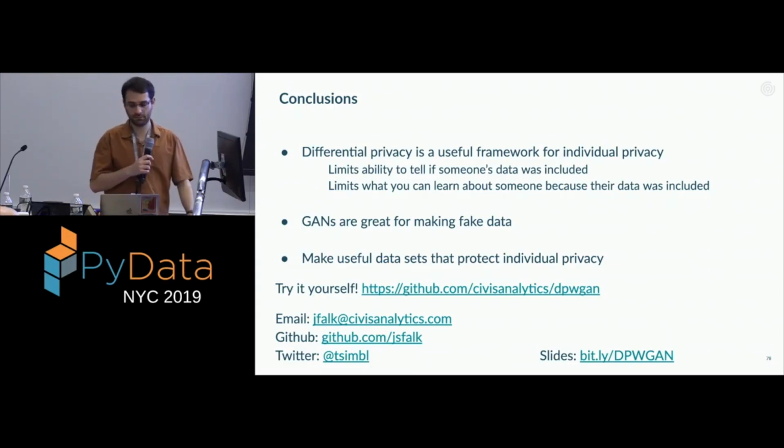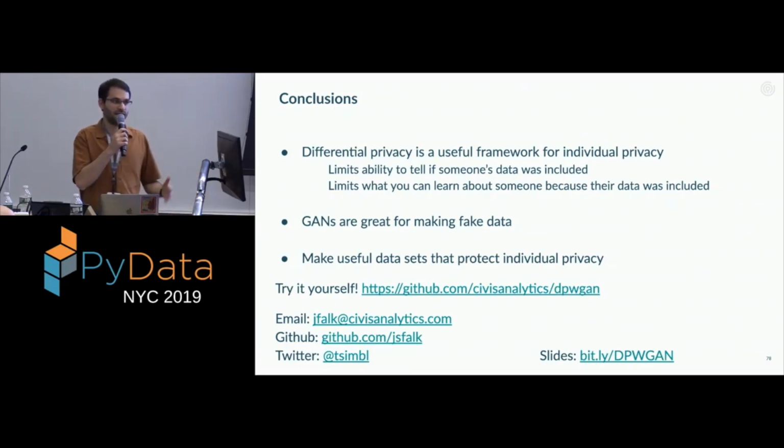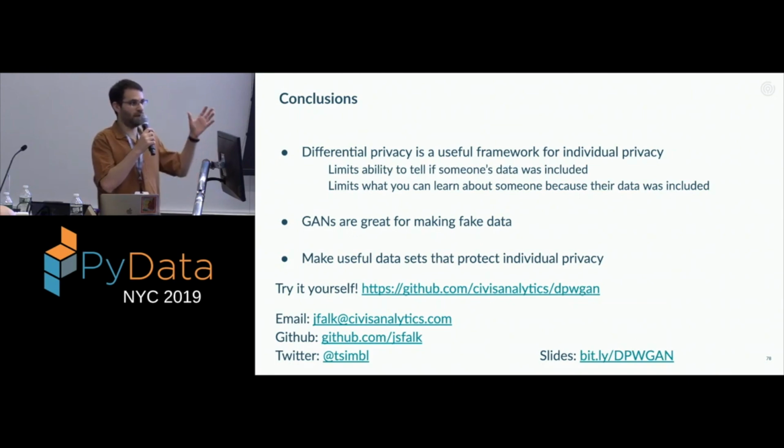Have you tried other neural networks, like variational? No, in this case I've just tried this particular architecture. I fiddled with it a little bit, but in theory you could use any kind of network. In practice, the structure of the network informs how much noise you have to add and what you do with the weights.